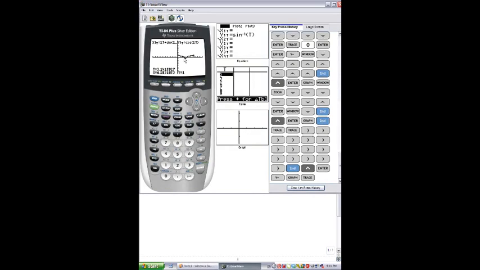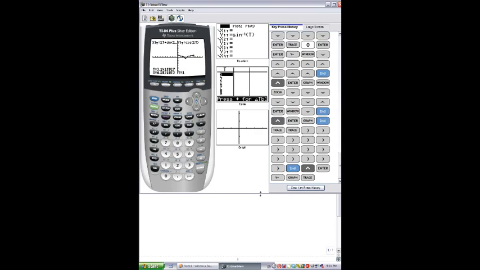Also interested in a few more points. For example, this point in the middle, it should be quite obvious that it's directly in the center of 0 and x equals 2 pi.